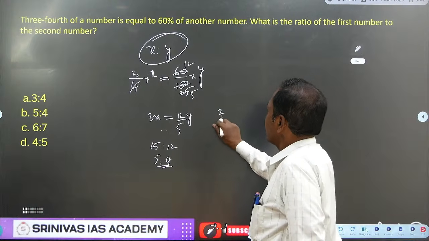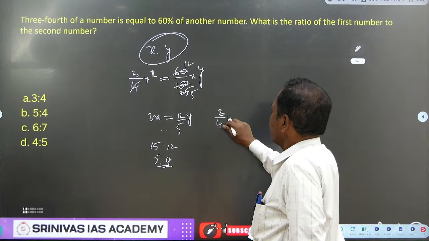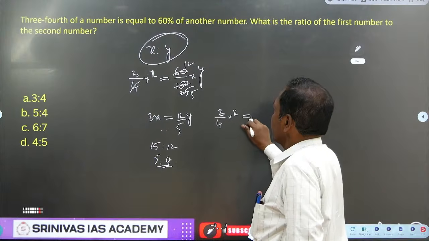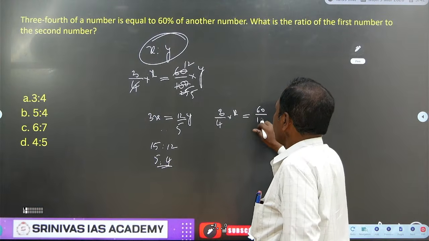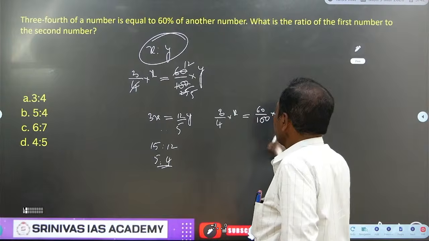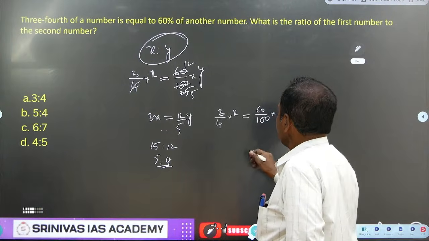3 by 4 x is equal to 60% of y. Let the x be here only. We can shift these numbers.